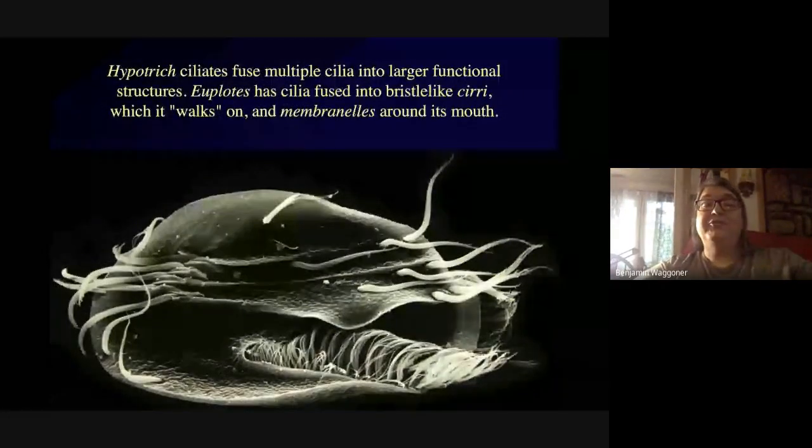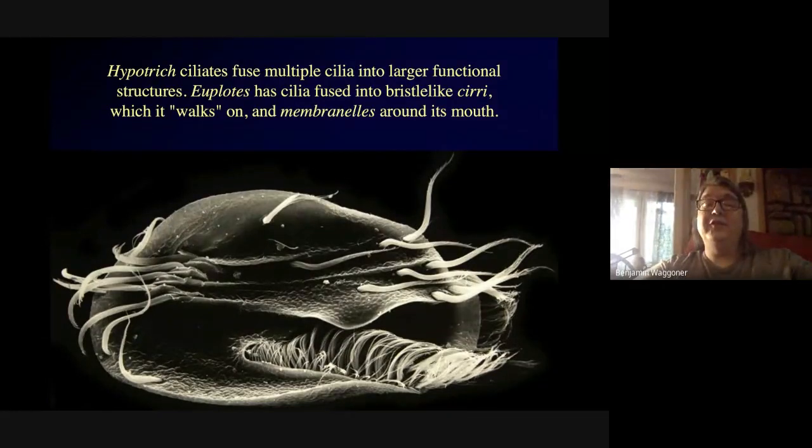And then hypotrich ciliates can fuse multiple cilia into larger structures. This thing, again, is Euplotes, which is probably my single favorite ciliate. And this one's also taken with a scanning electron microscope, and it's got relatively few bristle-like things sticking out, but each one of those bristles is made up of multiple cilia stuck together.